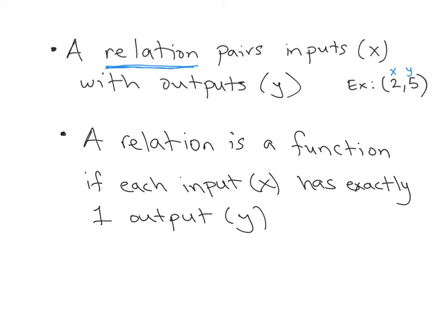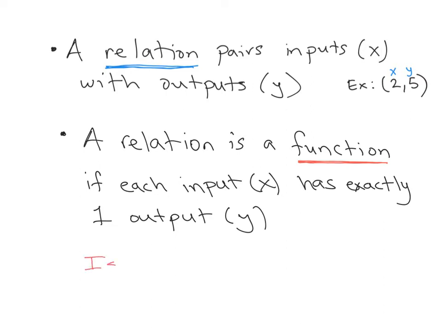And this chapter is going to be all about relations between x and y. Now, specifically today, we're going to be questioning whether something is a function or not. So whether a relation is a function. And a relation is a function if each input x has exactly one output y. And that's going to help us answer our question for today.